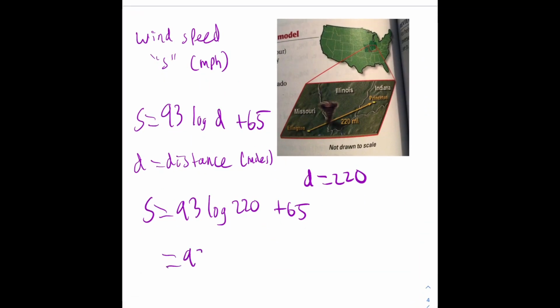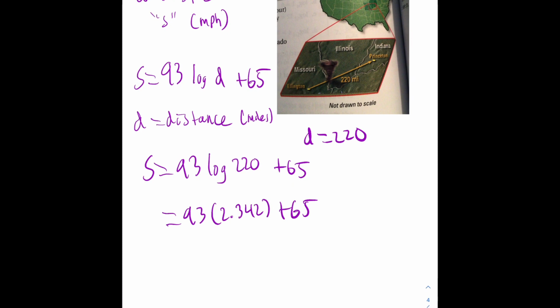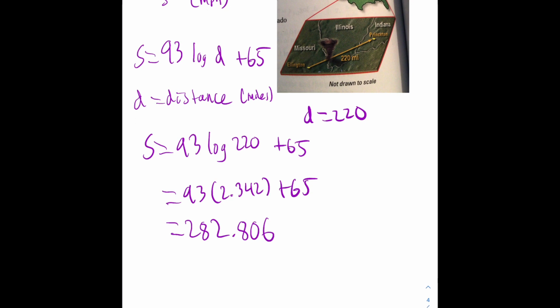So 93 times 2.342 plus 65. And when I multiply 93 times 2.342 plus 65, I get 282.806. So the wind speed near the tornado center was about 283 miles per hour.